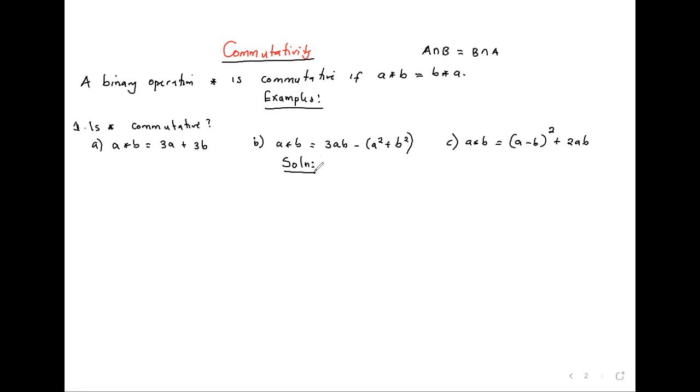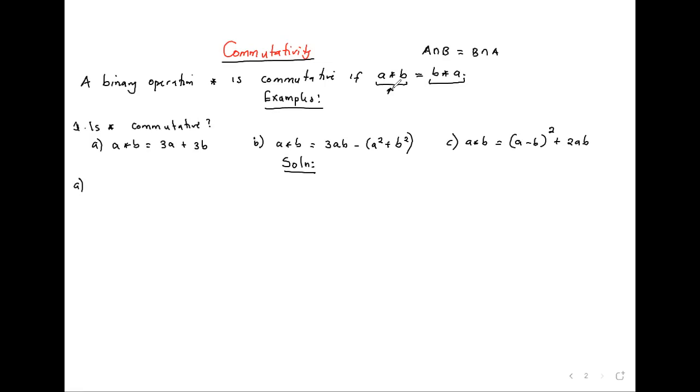Okay, let's start from here. Let's go to A. By definition, a star b should be equal to b star a for the operation to be commutative. Now, a star b will always be given in the question.